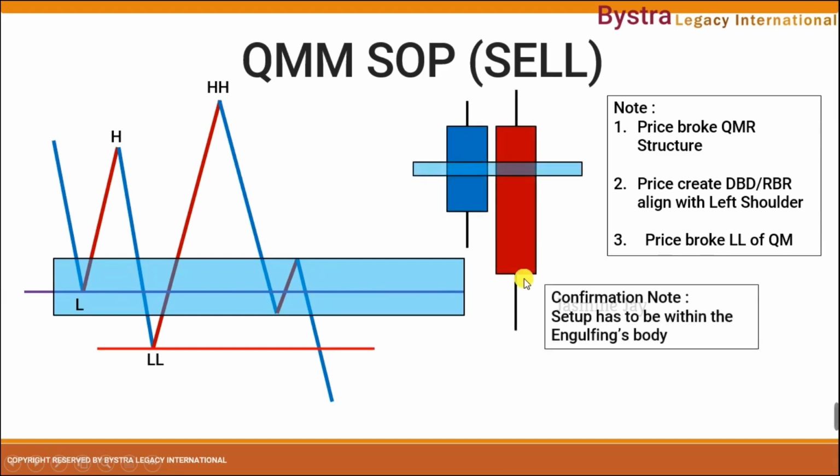And make sure, guys, that on the higher time frame we must always have an engulfing candle, and that the setup is in the engulfing candle's body, not on top of this wick. At the bottom here is fine, or this area is fine, but not on top of this wick. Price will then react to this area and continue downwards.